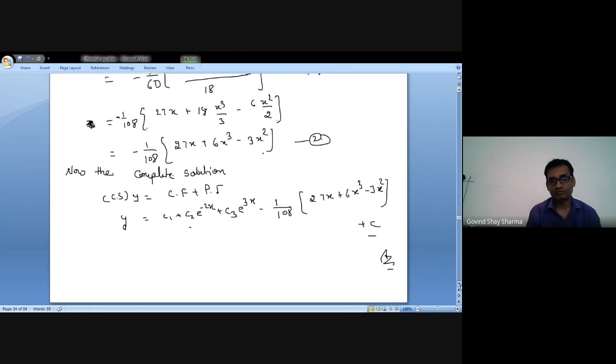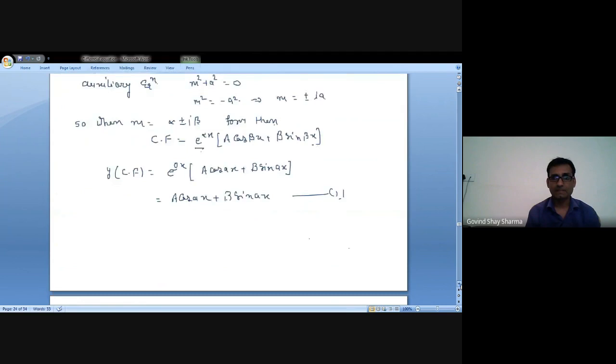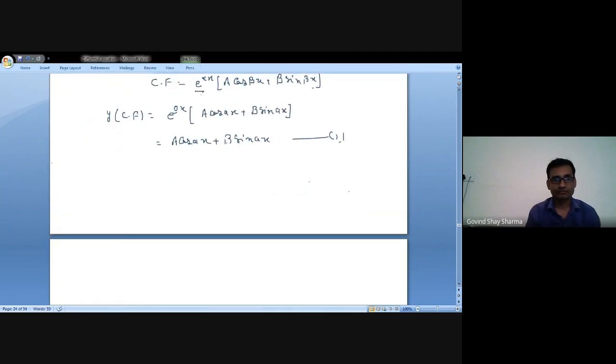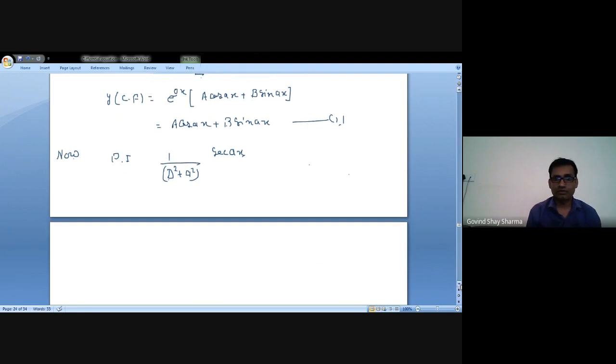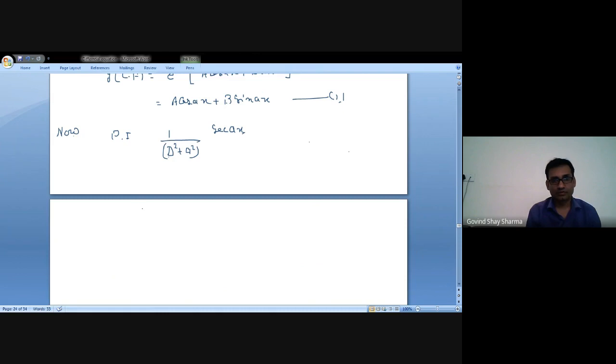Now the PI. We can write it like this: PI is 1 upon D² plus a², sec ax. Now we do the partial fractions of the denominator. So we can write D² plus a² as the product of its factors.